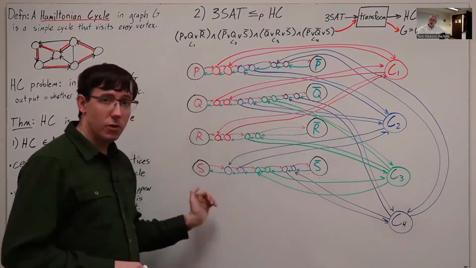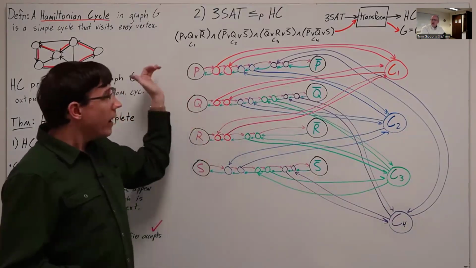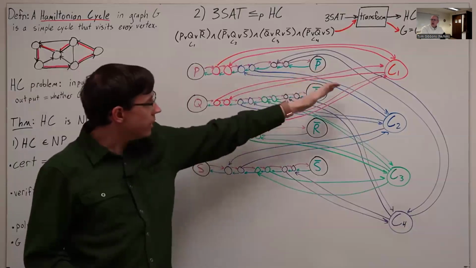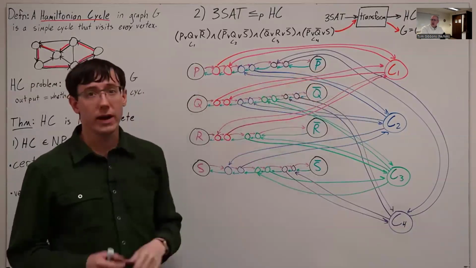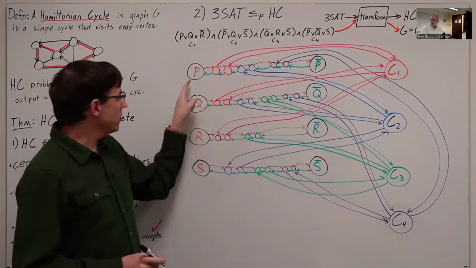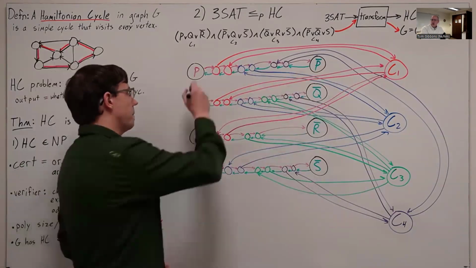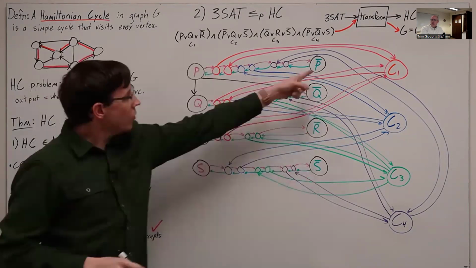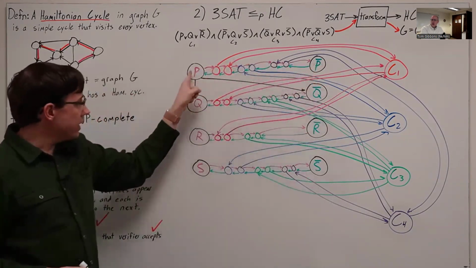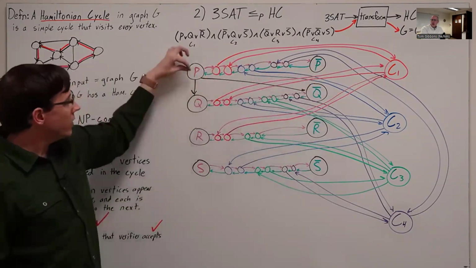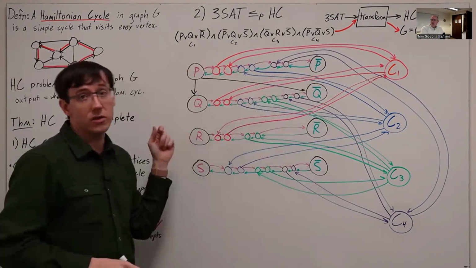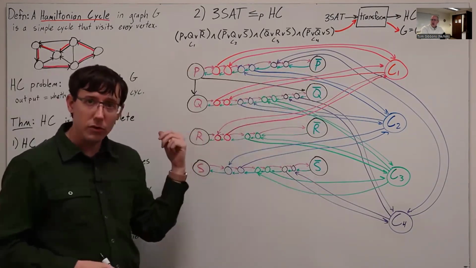Each of the rows allows a Hamiltonian cycle to potentially go across each row in either direction. So we'll add edges from P to Q and also from P to not Q, so that if we end up at P as we go across, we can then go to either end of the Q row and set Q to either true or false.